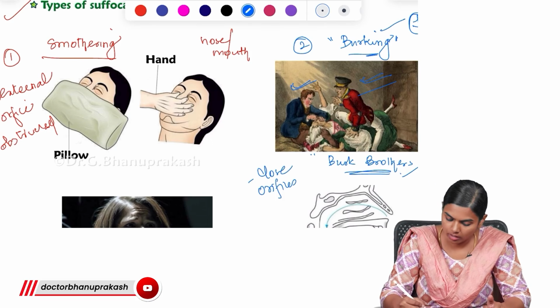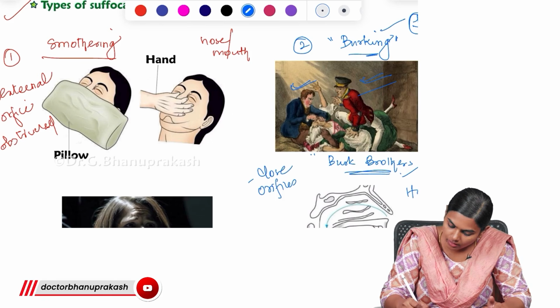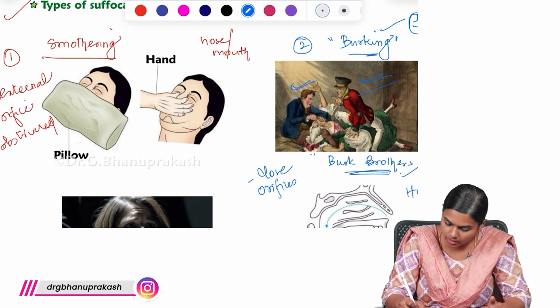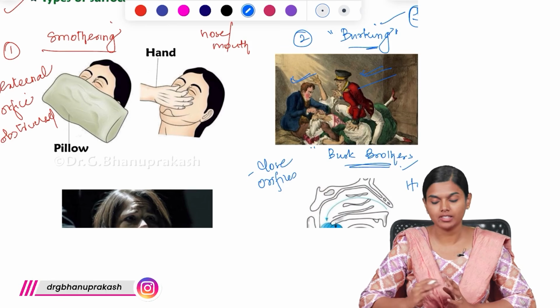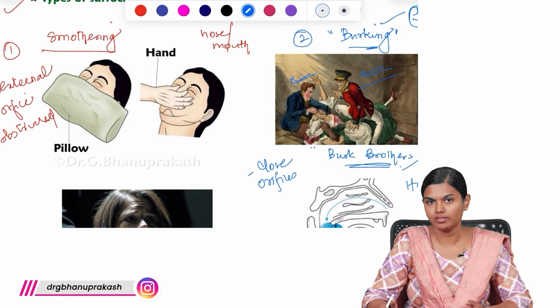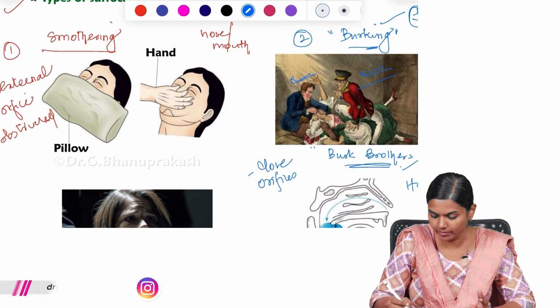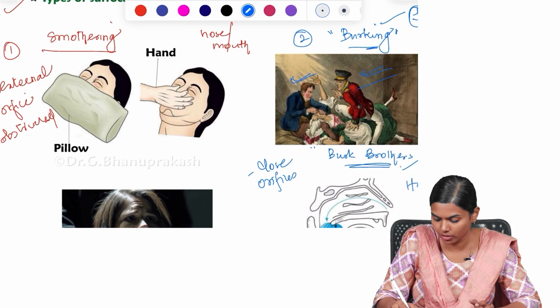So this is homicidal smothering plus traumatic asphyxia. When they sit over the person, because of the smothering there will be exclusion of air, right?